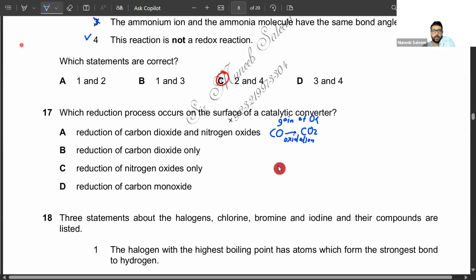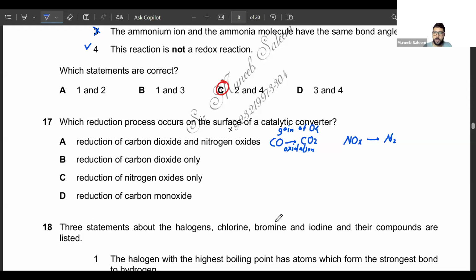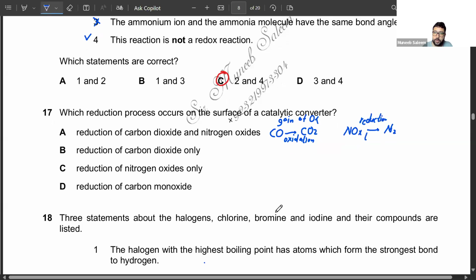And also for nitrogen oxides, they convert into the nitrogen molecule. Similarly, for NOx converting into nitrogen, this is not oxidation, rather it's a reduction, because we can see there is loss of oxygen.